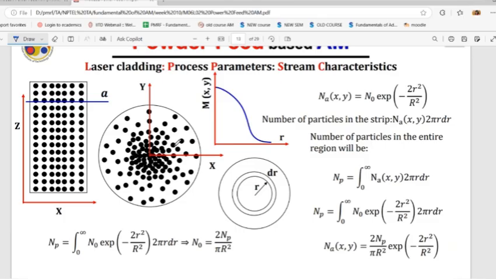If the powder also has the Gaussian nature, that means at the middle, the number of powder particles will be more than what you can find at the edges of the laser beam. So that's why your bead profile is generally like this: lesser depth at the edges than the highest depth at the middle.